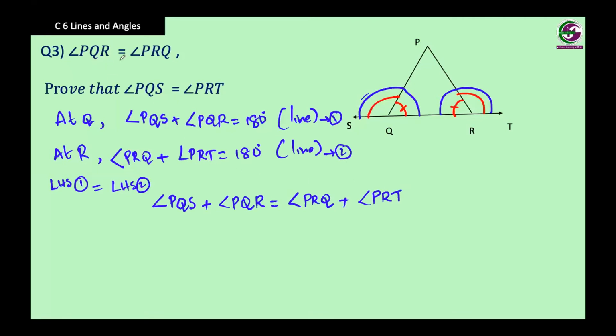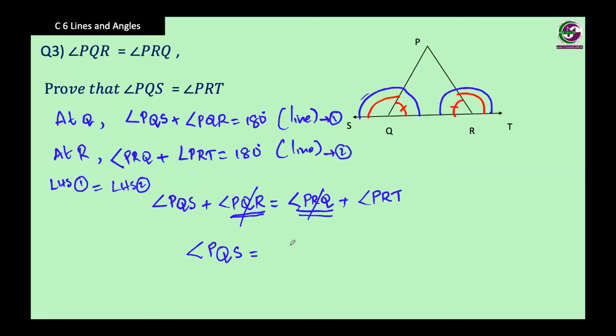Now, let us see the statement given to you. PQR is equal to angle PRQ. These two are equal. Whenever you have two equal numbers on both the sides of the equation, they get cancelled. So what is left with us?